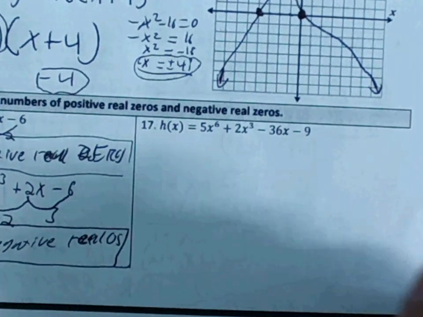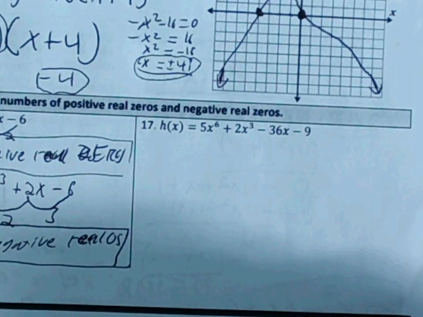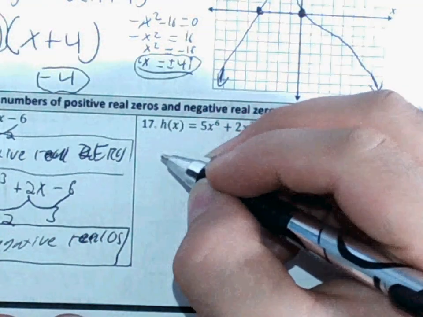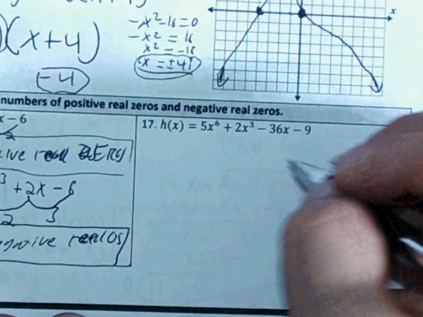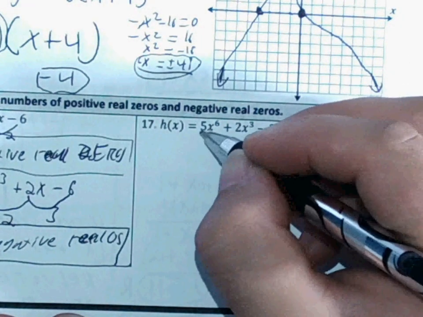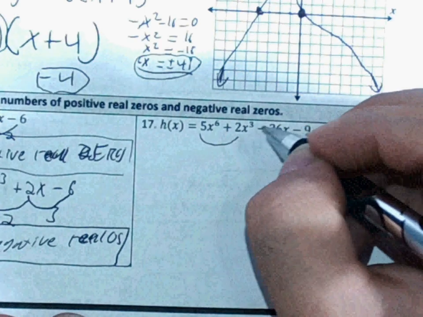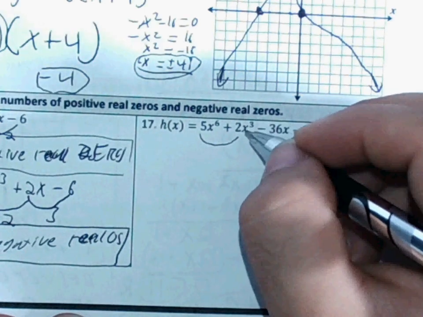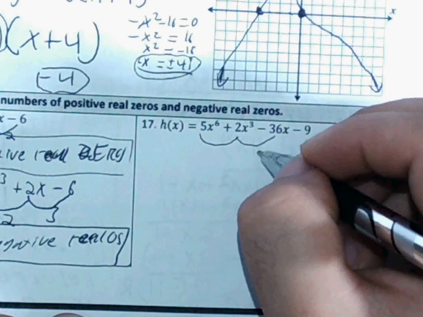h of x is equal to 5x to the 6 plus 2x cubed minus 36x minus 9. Okay, same deal. 5 to 2, still positive, and 2x cubed, so 2 to negative 36, so that's one sign change.